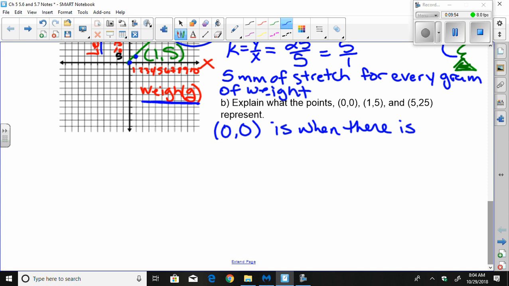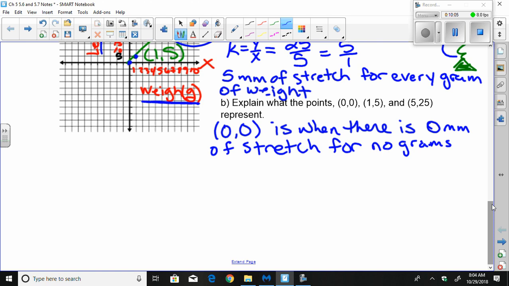It is 0 millimeters of stretch or no grams of weight.